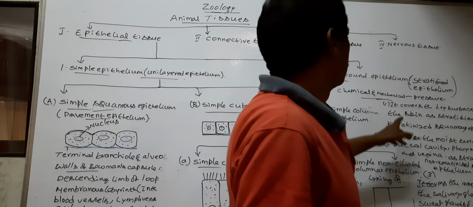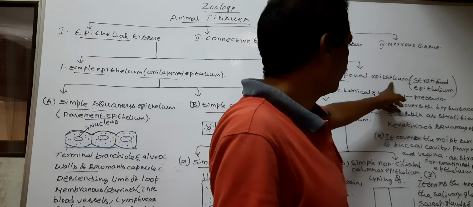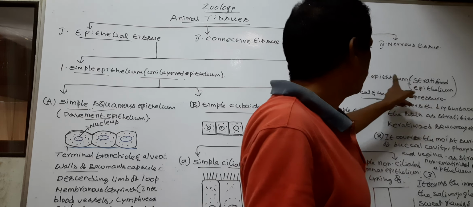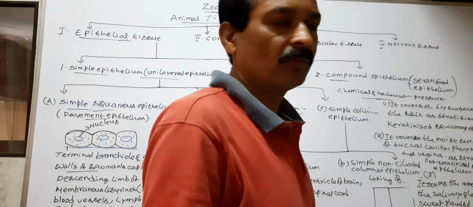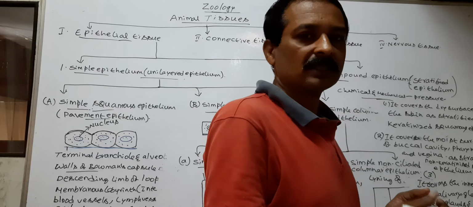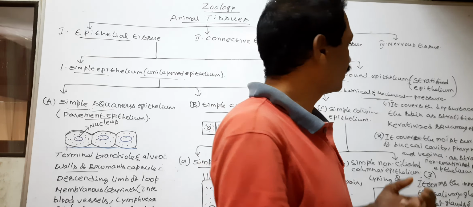So the compound epithelium is also called stratified epithelium. It possesses more than one layer. These layers contain squamous epithelial cells, columnar cells, and cuboidal cells.